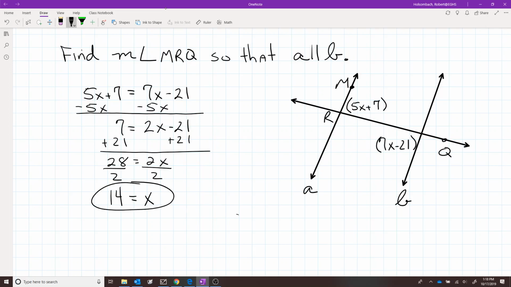So now 14 is equal to x, but that wasn't the question asked. The question asked was the measure of angle MRQ. And here's MRQ. If you go from M to R and then over to Q, it's that angle right there. It's the 5x plus 7. So MRQ is equal to 5 times the 14 plus 7.